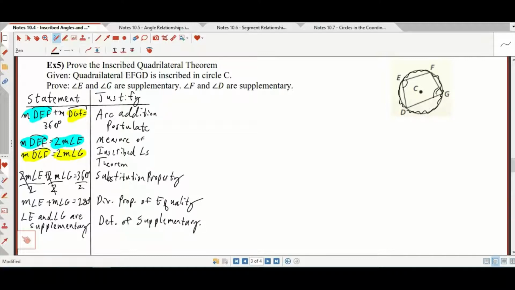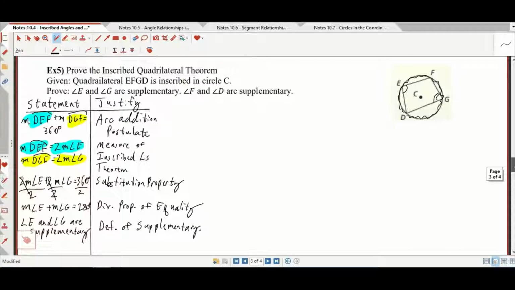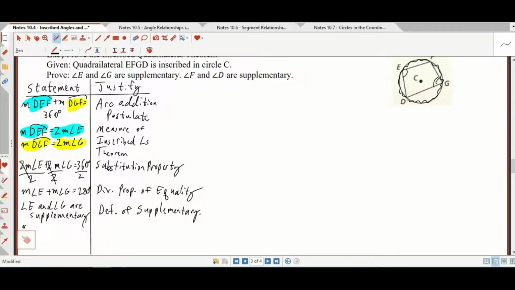So you can actually run angles F and D through the exact same process, but we actually don't need to, because we know that the measure of angle E plus the measure of angle G plus the measure of angle F plus the measure of angle D is all equal to 360 degrees.